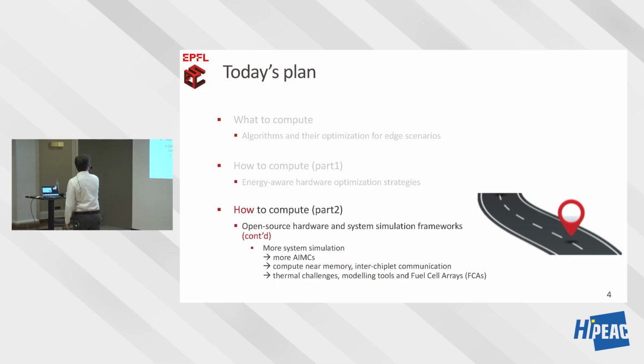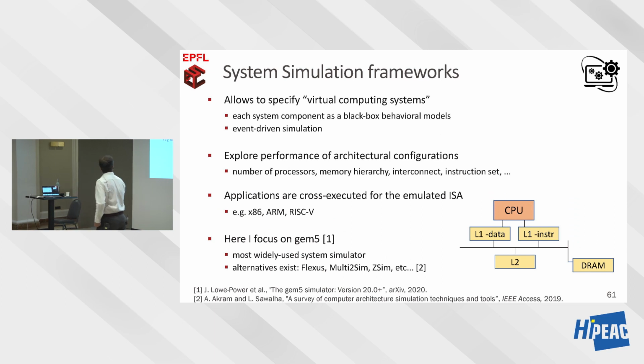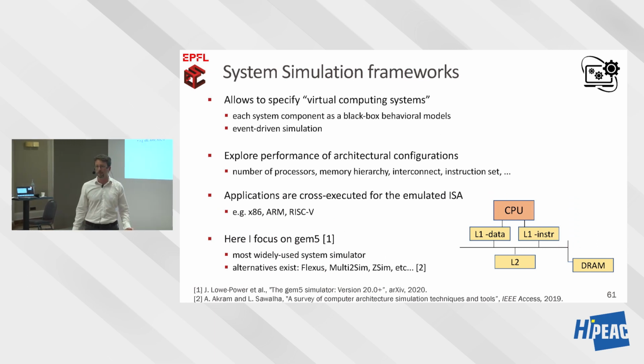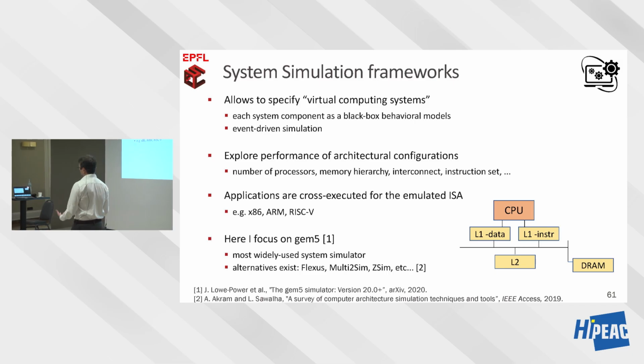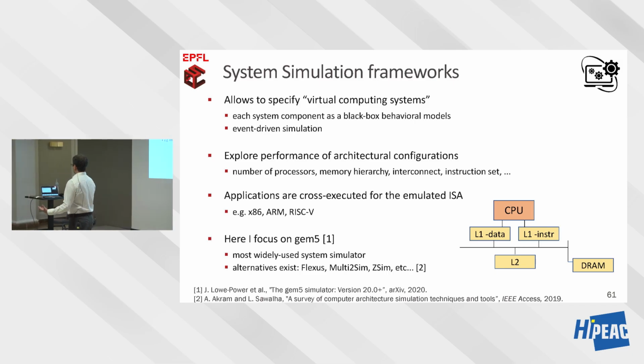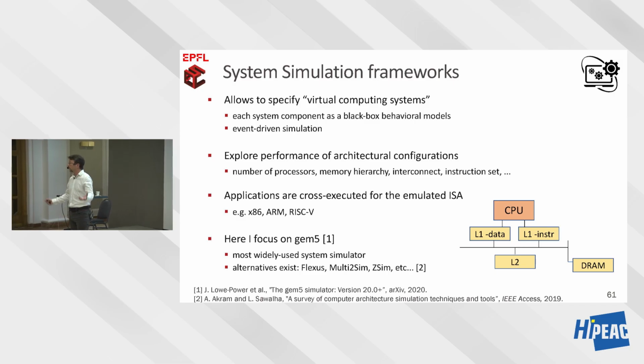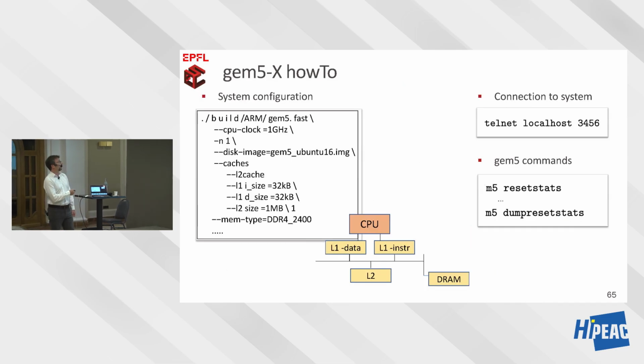So without further ado, just a recap: a system simulation framework is something which allows you to specify a virtualized system which lives as a virtual machine and has the characteristics which are specified in a configuration file. Then you can spawn an entire operating system onto that, connect to this virtual machine, launch applications, and do some profiling. This is how it works.